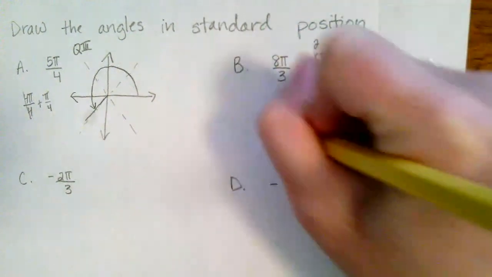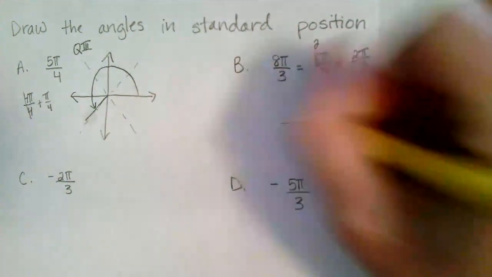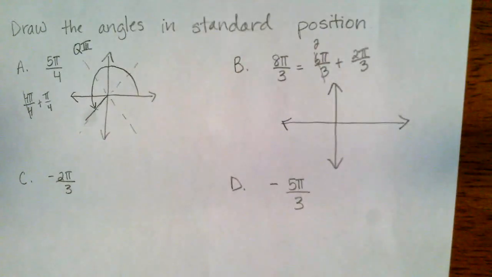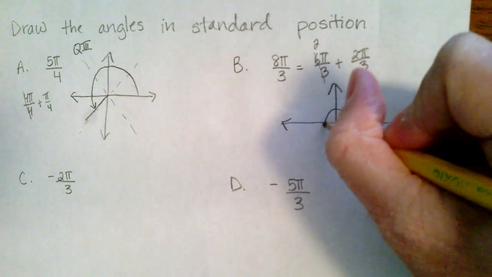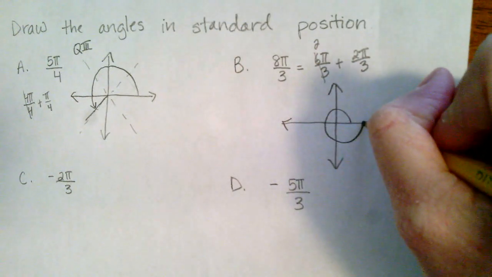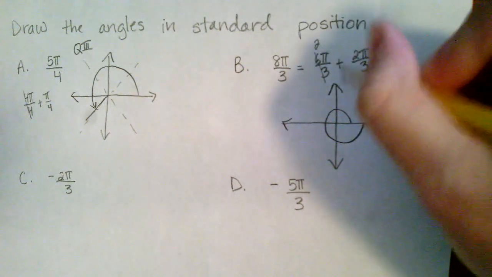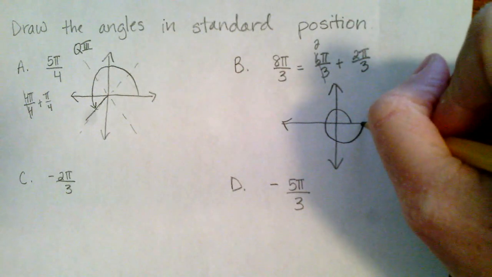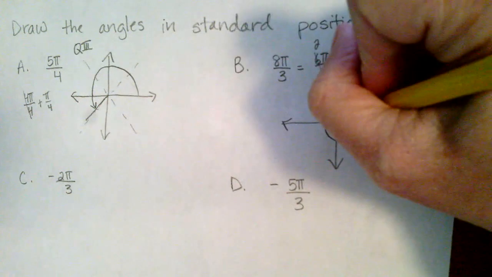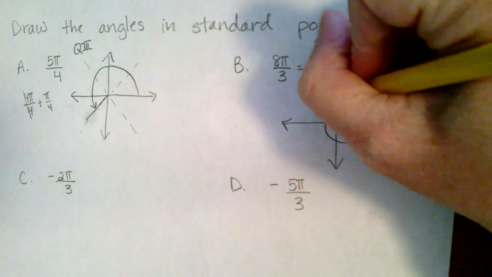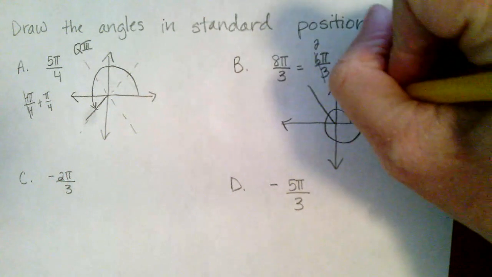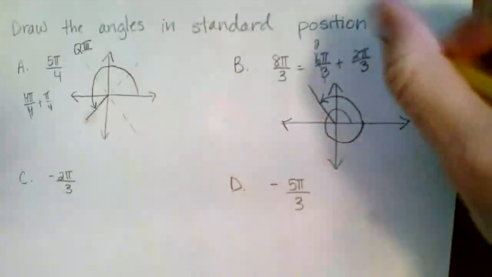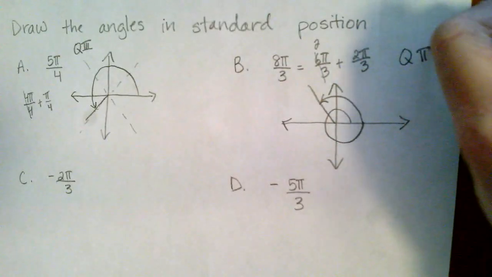So again, I'm going to draw my coordinate plane, and I am going to go 2 pi radians around. And then I need to go another 2/3. So I remember that if this is pi, 2/3 of the way around is right about there, and this falls in quadrant 2.